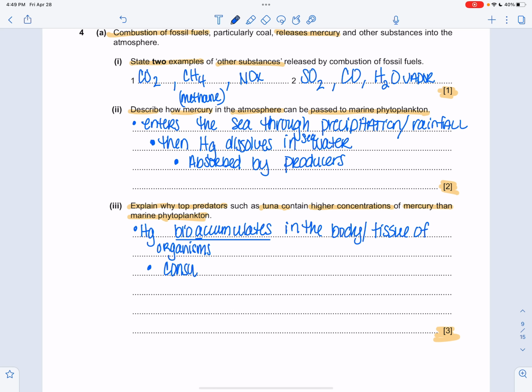Okay, and why do we have more in top-level predators than in marine phytoplankton that does photosynthesis? It's because consumers eat many producers, or you can just describe what happens in the food chain in its lifetime.